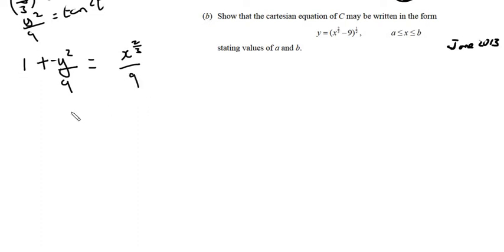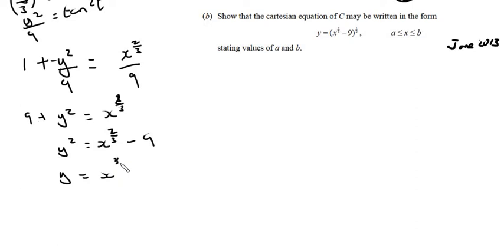If we multiply everything by 9, that gives us 9 plus y squared equals x to the 2/3. Let's pull that 9 across: y squared equals x to the power of 2/3 minus 9. Then we want to find y, so let's square root it, which is the same as taking it to the power of 1/2. So that's x to the power of 2/3 minus 9, all to the power of 1/2.